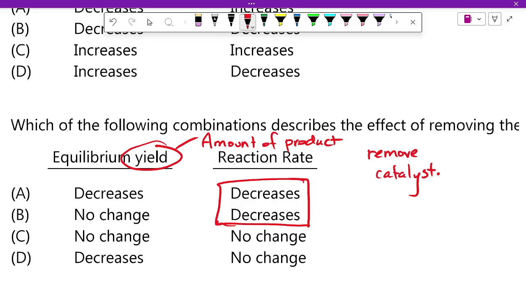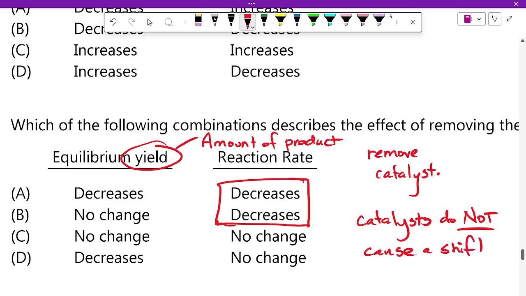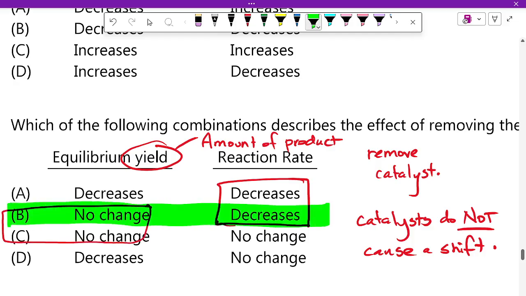Catalysts do not cause a shift. And if they don't cause a shift, then there's going to be no change in the amount of product. So we're looking at that, which gives us the overlap on B.